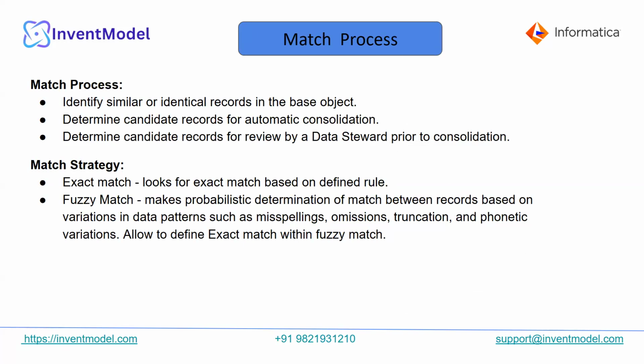The fuzzy match does a probabilistic search. If there are some similarities in the data, we do a wildcard-like search and try to match them so that we get a single copy and remove the unwanted duplicate records, making it one.